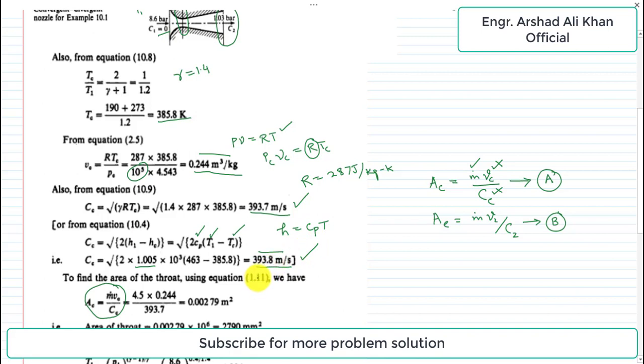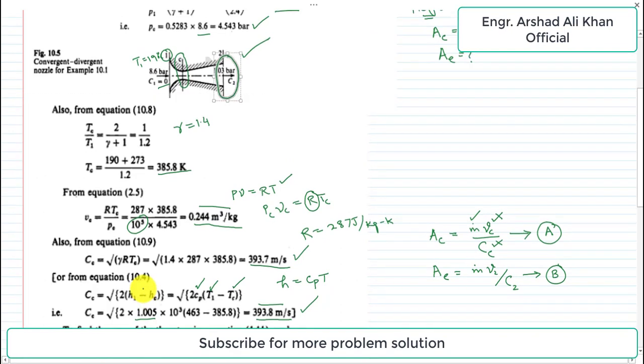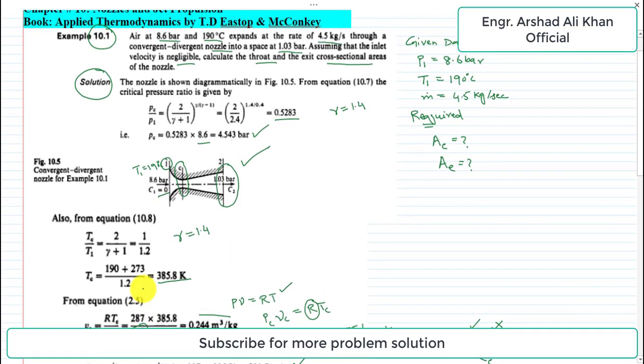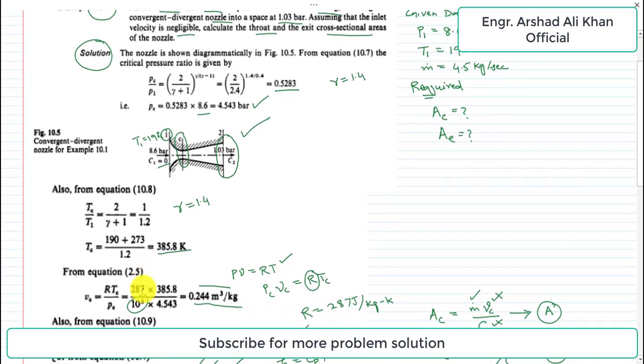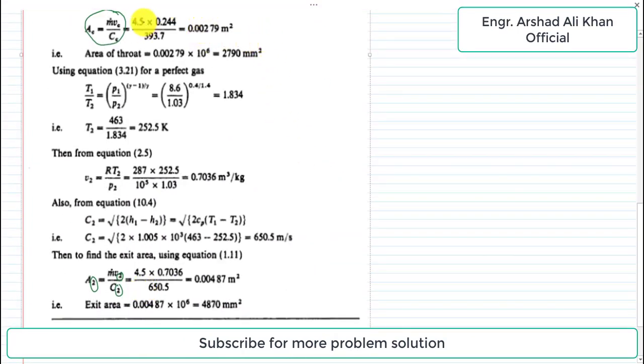Now to find the area at the throat using the equation of continuity, that is Ac is equal to m dot Vc by Cc. Putting these values as calculated, we have m dot 4.5, Vc is 0.244 cubic meter per kilogram and Cc is 393.7 meter per second.